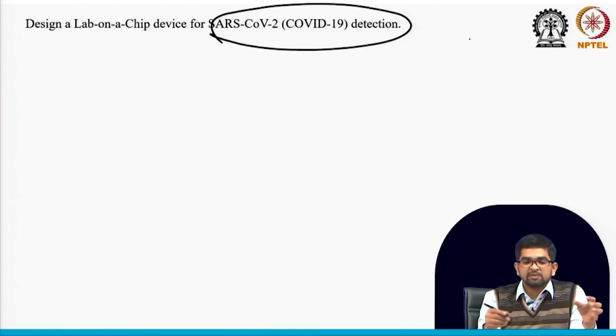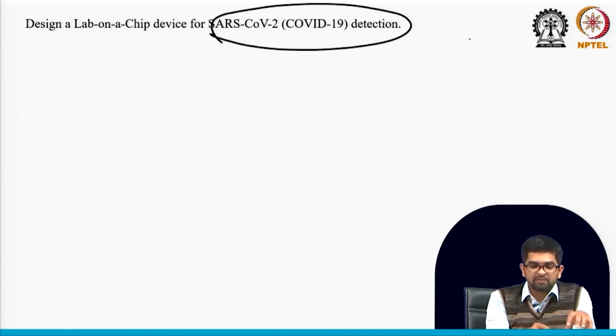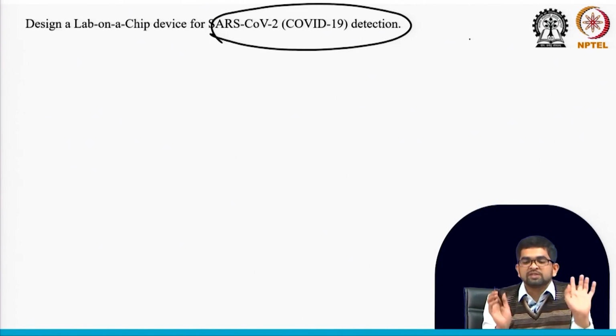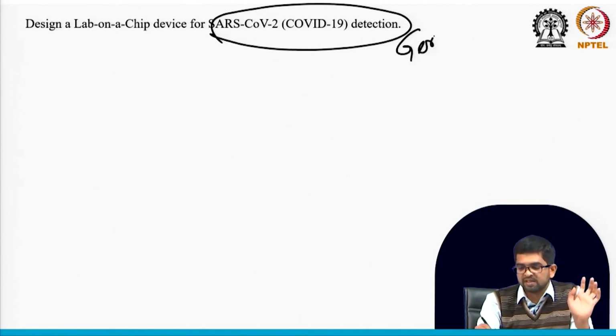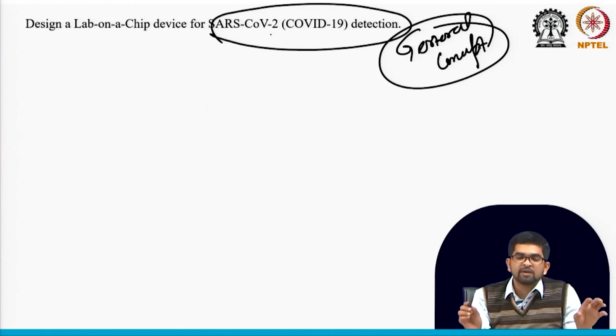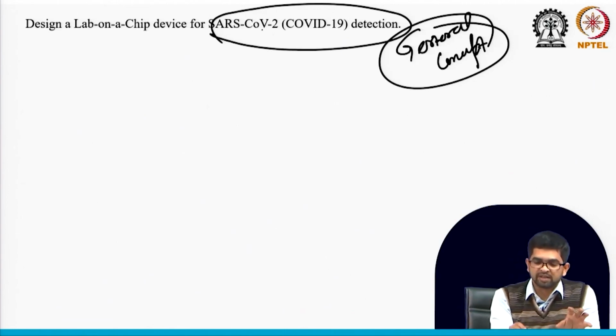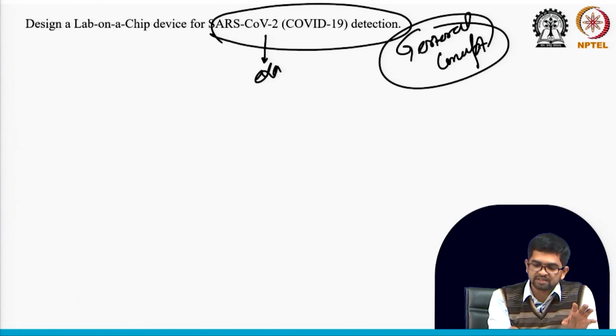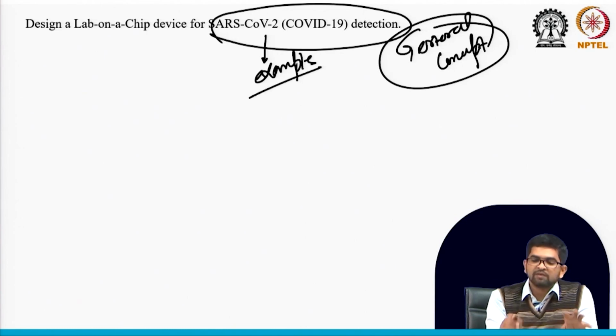Now let's put together all your ideas for detecting SARS-CoV-2. This is a very generic, very general concept. You can use this concept not only for SARS-CoV-2 but for any target detection, because here I put SARS-CoV-2 just as an example.